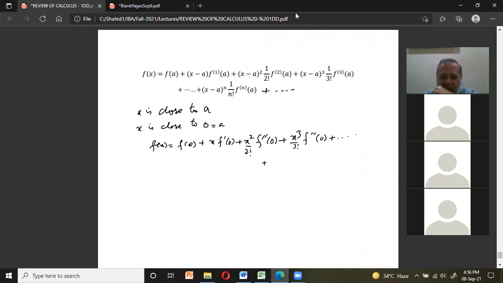And the general term is x power n upon n factorial, nth derivative at 0, plus so on. Have you seen such expansions? Have you used this Taylor expansion formula or Maclaurin's expansion formula?